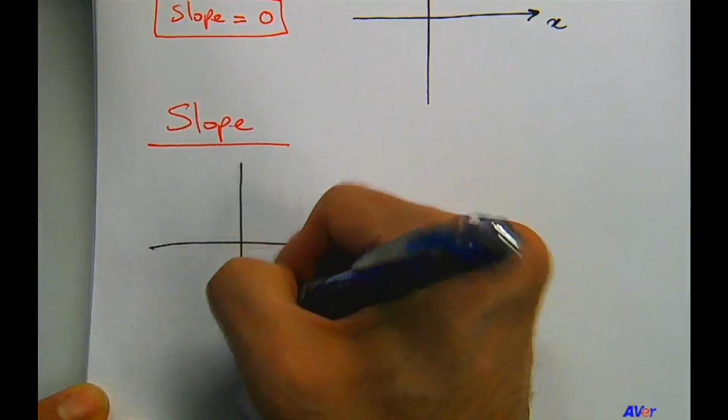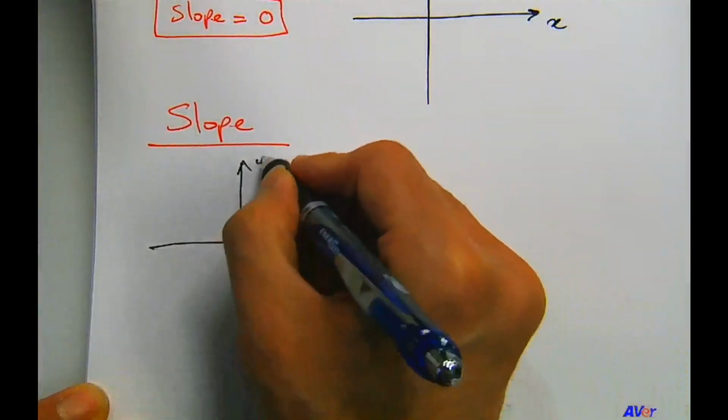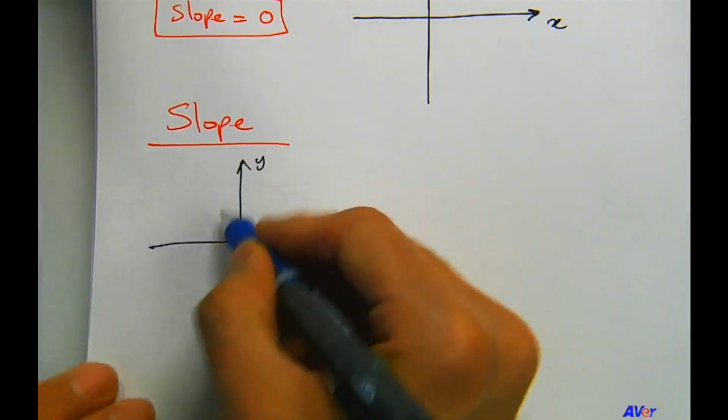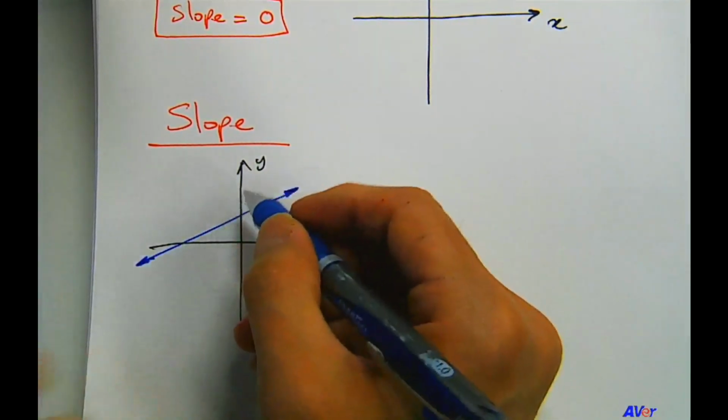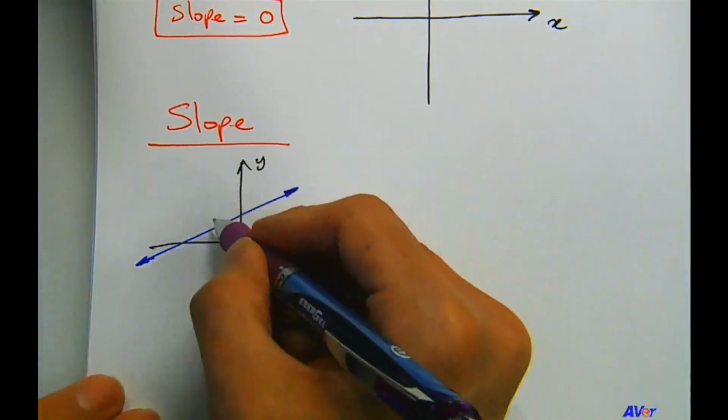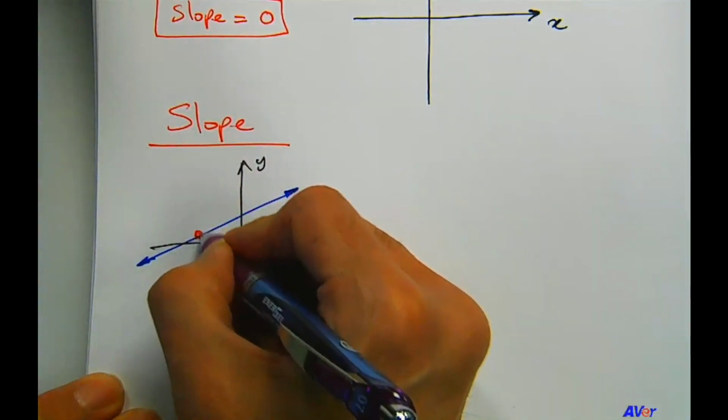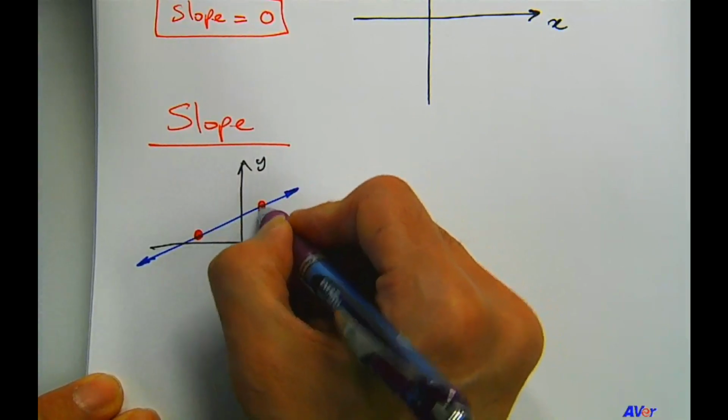Let's quickly draw a line of some kind, like that. And then let's pick a couple of points along this line. It doesn't matter where they are. Let's pick one point here and another point here.